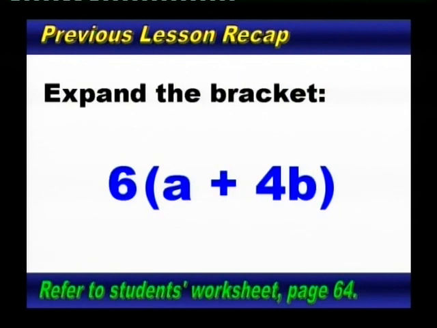Okay, let's have some students write the answers on the board. Receiving teacher, you can appoint someone to go to the front and write the answer to the expression given.